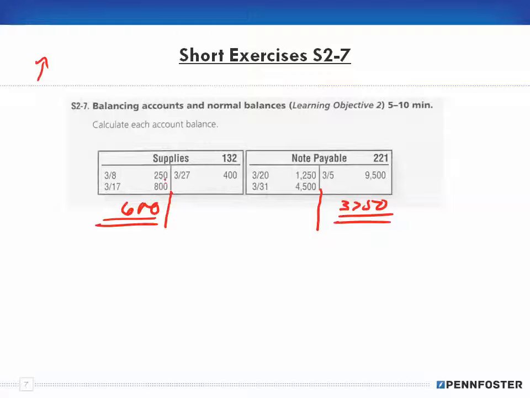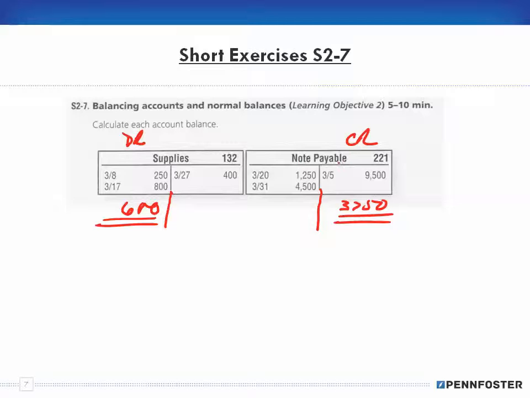When you're looking at an account like supplies, because supplies is an asset and we increase assets on the debit side, most often, not all of the time, the balance in that account is going to be a debit. Just like for a note payable, which is a liability account, most often the balance in that account is going to be a credit. Why? Because that's the normal balance of a liability account.